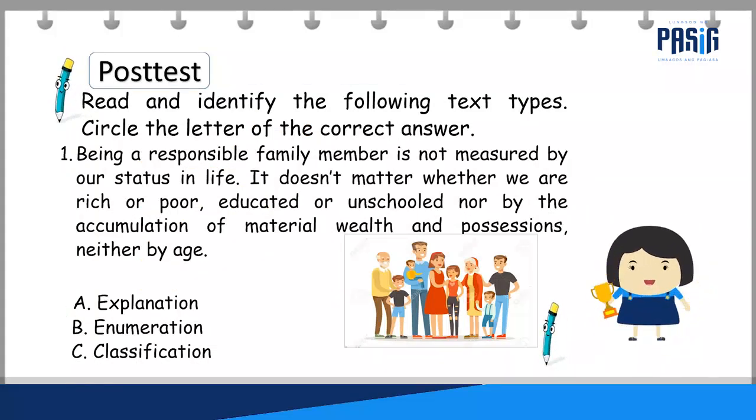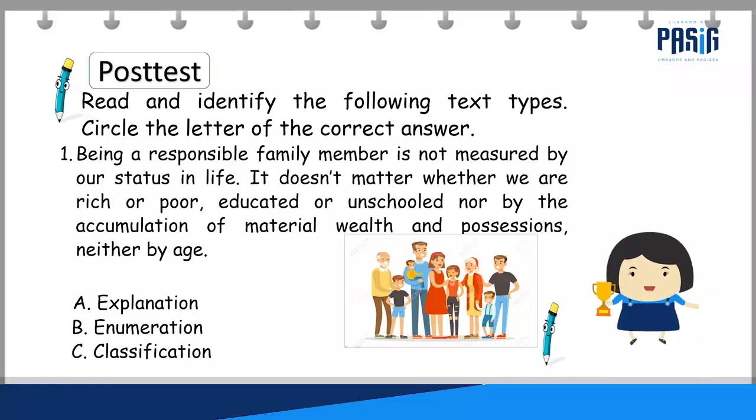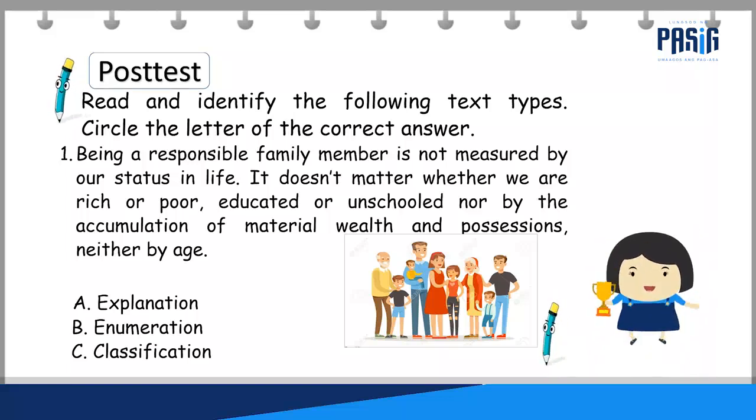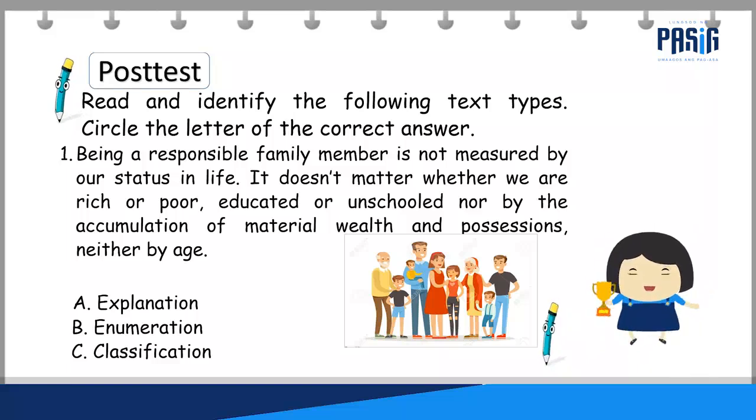1. Being a responsible family member is not measured by our status in life. It doesn't matter whether we are rich or poor, educated or unschooled, nor by the accumulation of material wealth and possessions, neither by age. A. Explanation. B. Enumeration. C. Classification. 2.